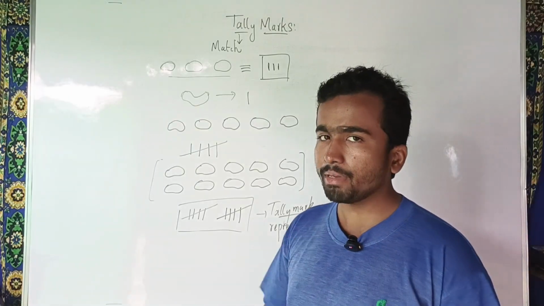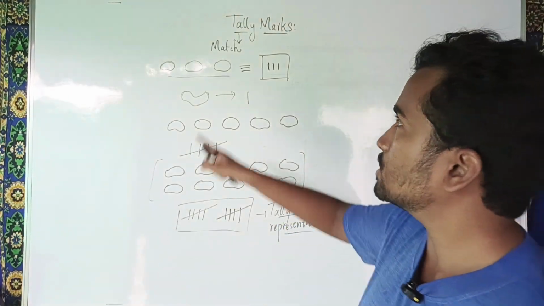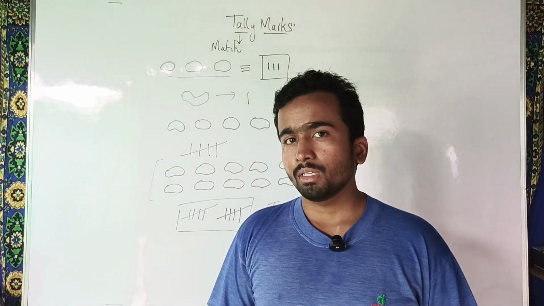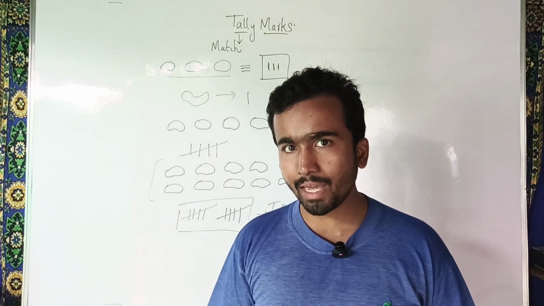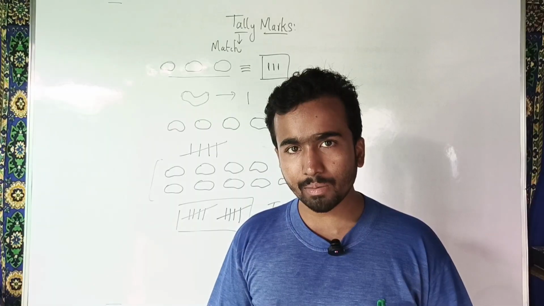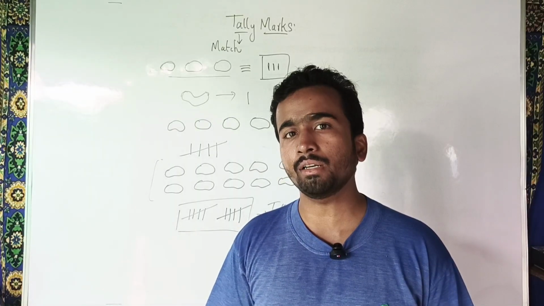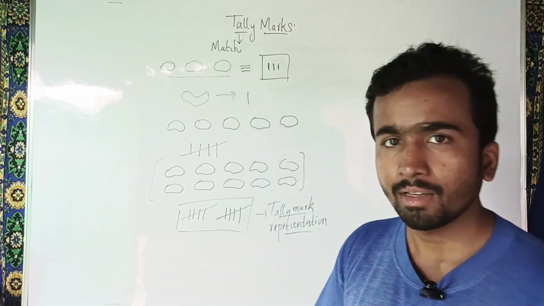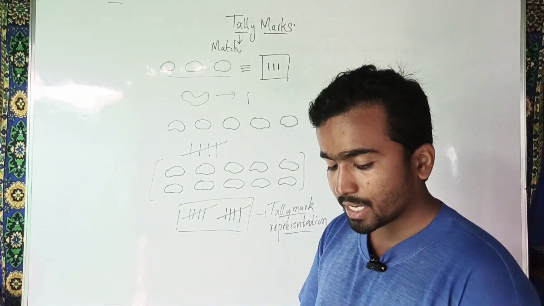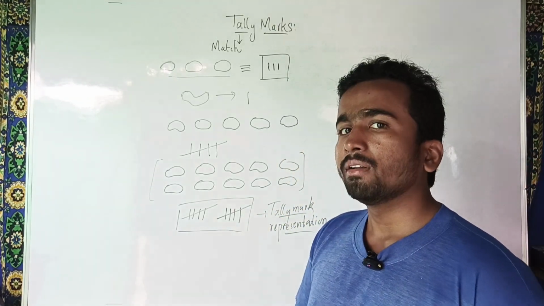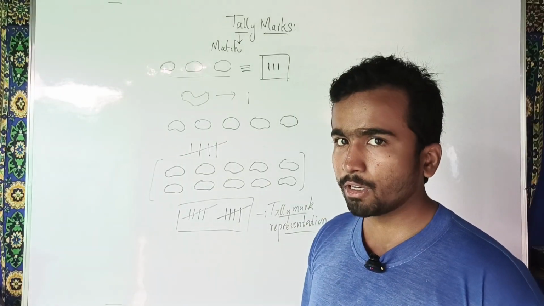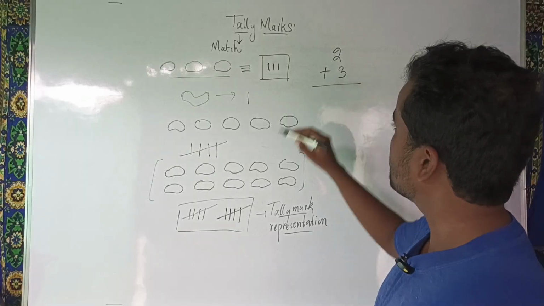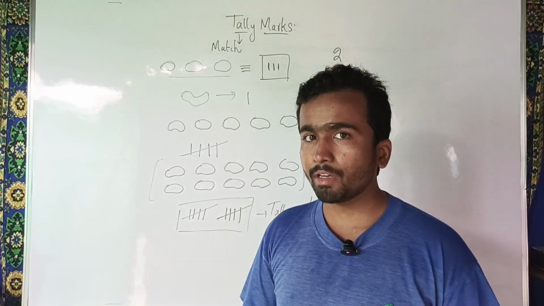I specifically mean to explain tally marks because even at this time, if you want to teach young children operations, knowingly or unknowingly, we use tally marks. Suppose 2 plus 3, right?